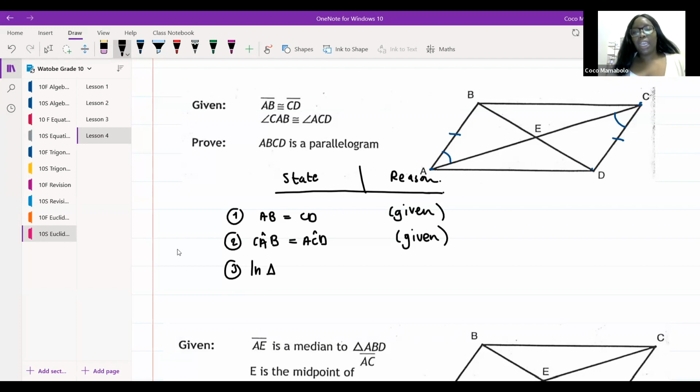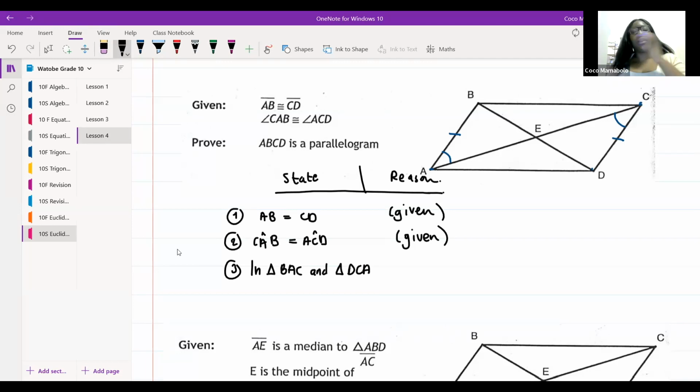We have to say in triangle BAC, I'm going to write triangle BAC and triangle. I started at B, so I need to go DCA, just to make sure that my congruency is 100%.